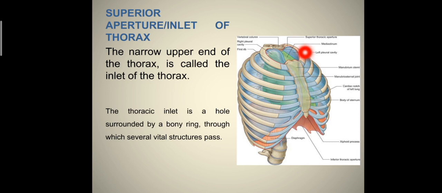This one is the first rib. So on both sides the thoracic inlet is bounded by the inner border of the first rib.